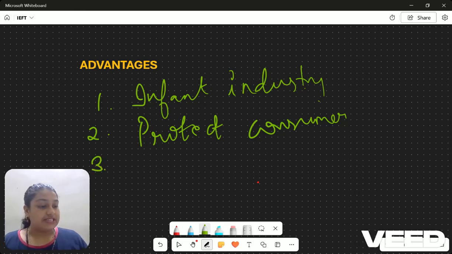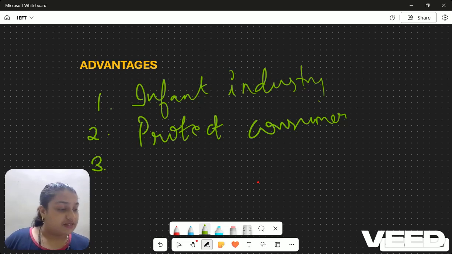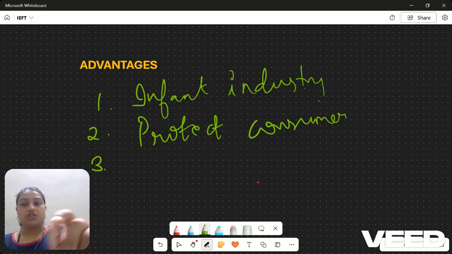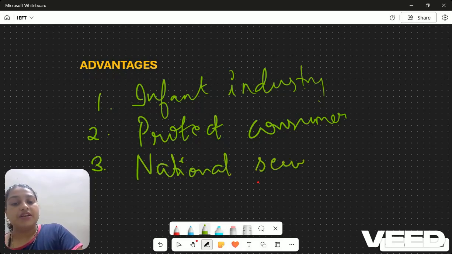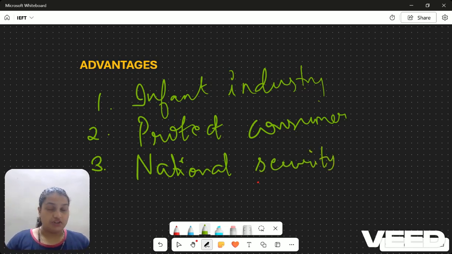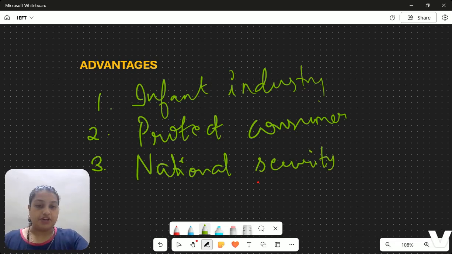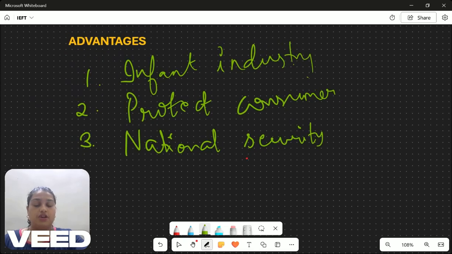Then about national security, it is argued that should a nation become reliant on international imports, it also becomes defensively weak. So protectionism is also for national security. When international trade happens a lot, they will become a little bit weak defensively. So to avoid that, protectionism rules are always good.